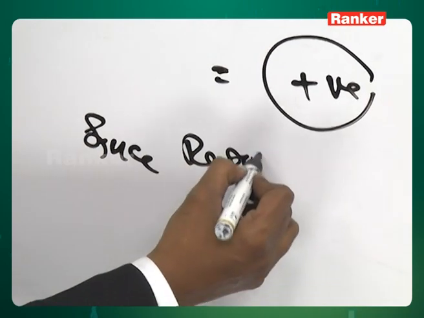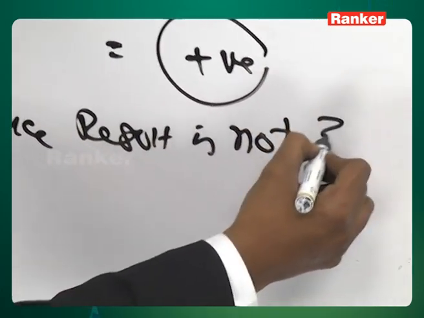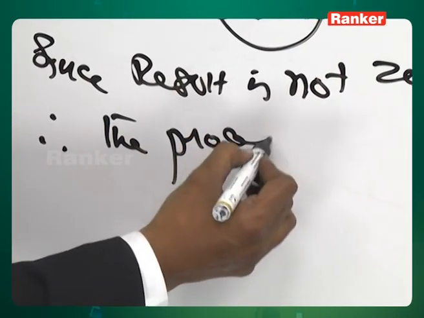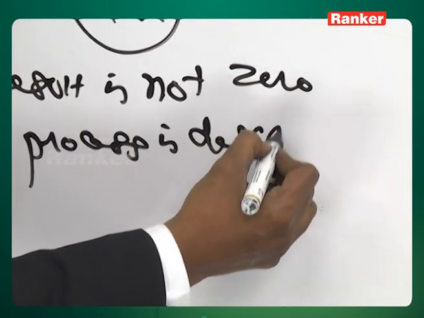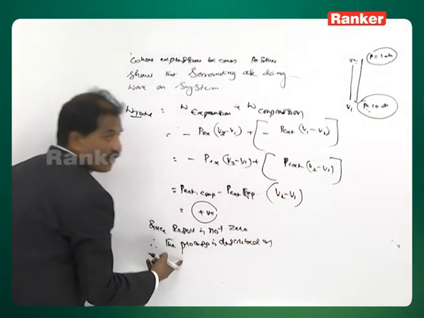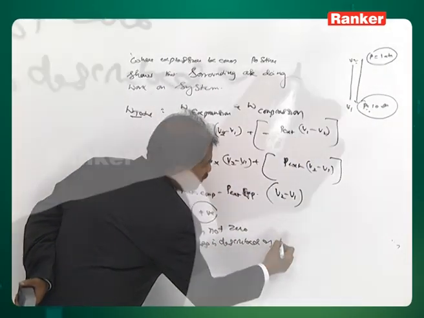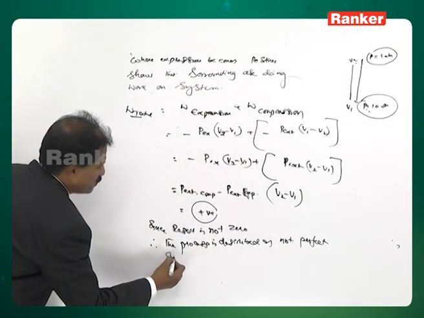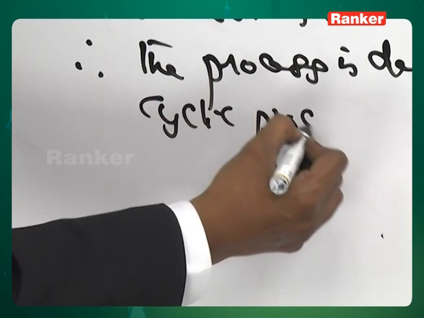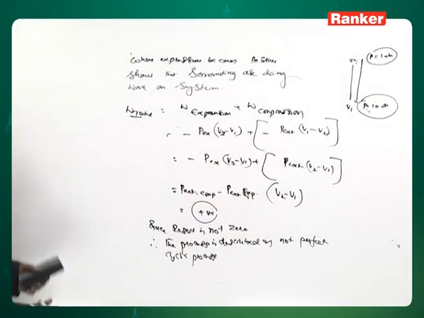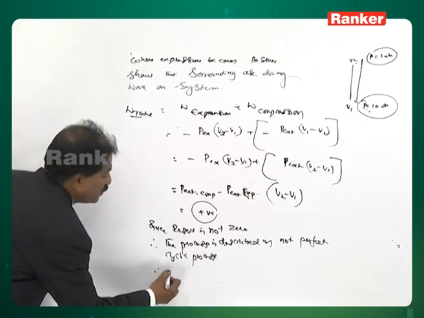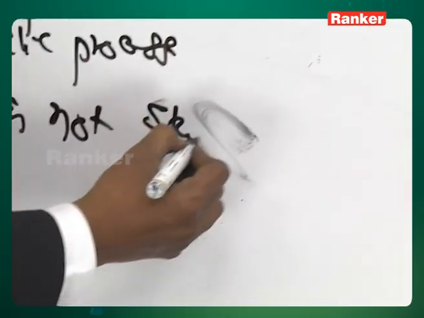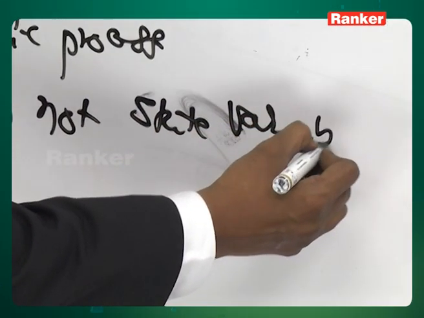Since the result is not zero, the process is described as not a perfect cyclic process. Therefore, it is not a state variable.